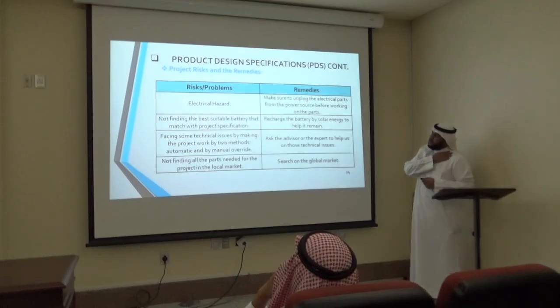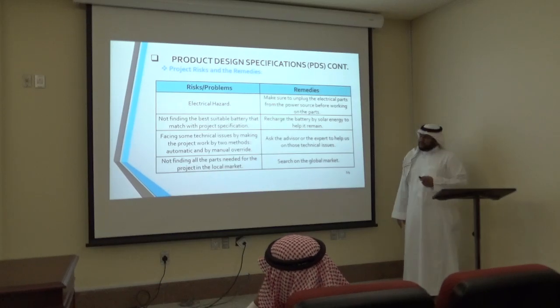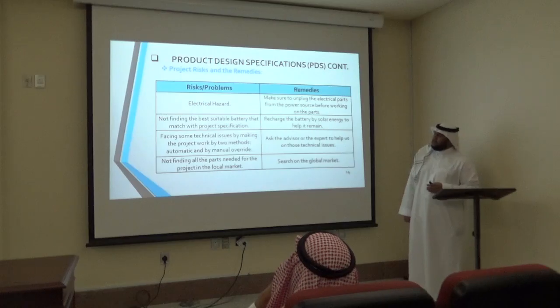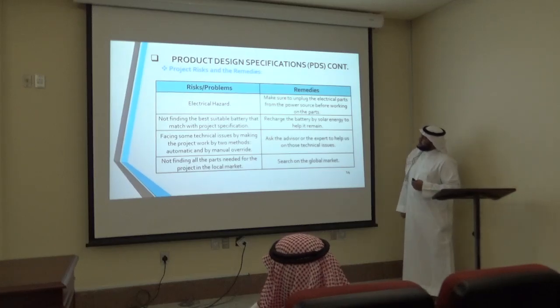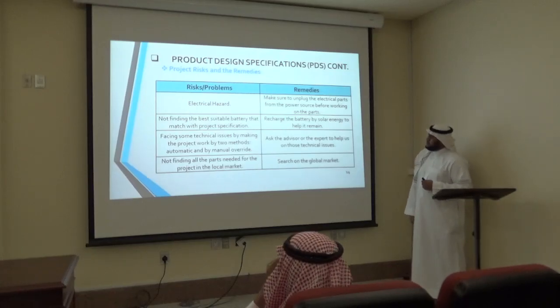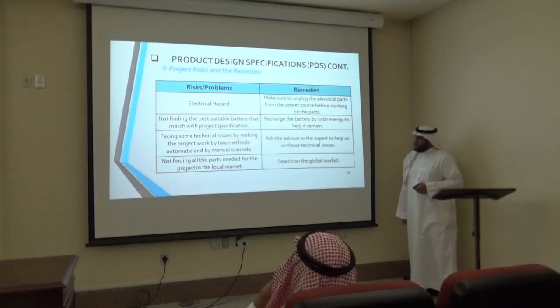Here, we assume some project risks that may occur. As an example, an electrical hazard may be one of the project risks. To solve this problem, we advise that we unplug the critical parts from the power source before working with the parts.